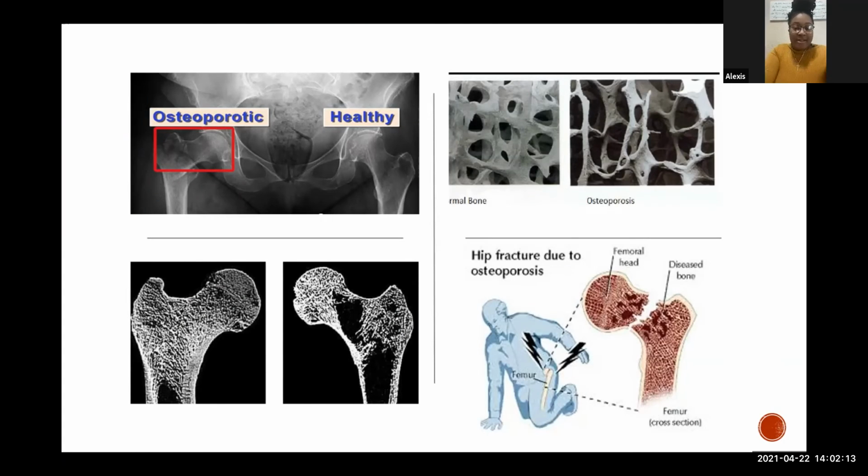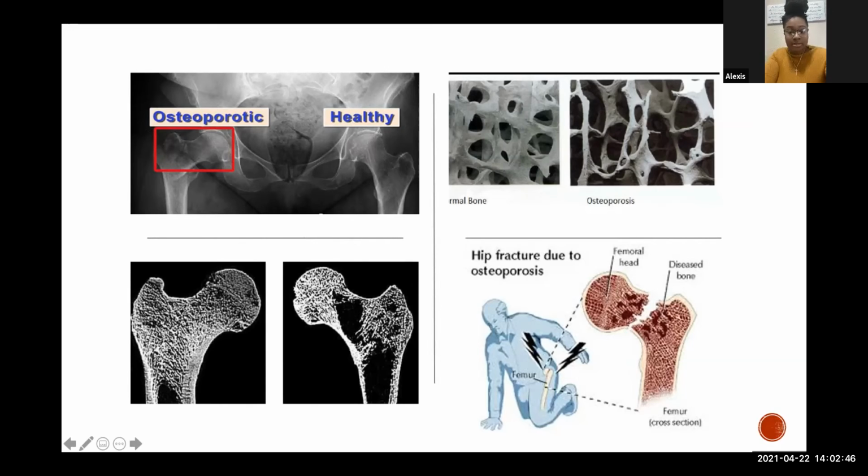Okay, so here we have a few pictures. In the top left corner, you see an X-ray exam, and it shows the osteoporotic on the left side and the healthy on the right. You can kind of see the difference between the femur necks. On the bottom, underneath it, on the left side, it shows the healthy bone, and on the right, it shows the osteoporosis.